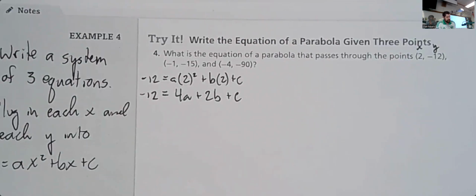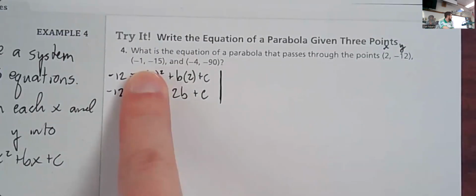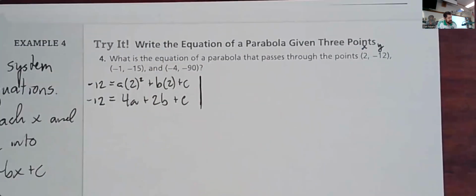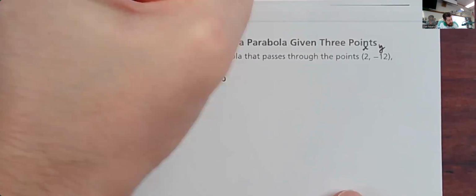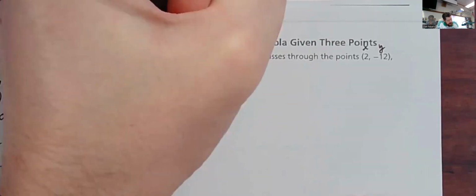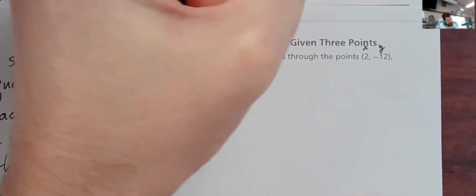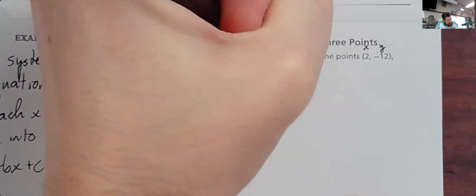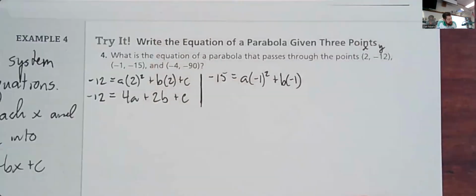Our second equation, I'm just going to do a little line here so we can separate that out. We're going to use -15 for y and -1 for x. So we're going to say -15 equals a times -1 squared plus b times -1 plus c.